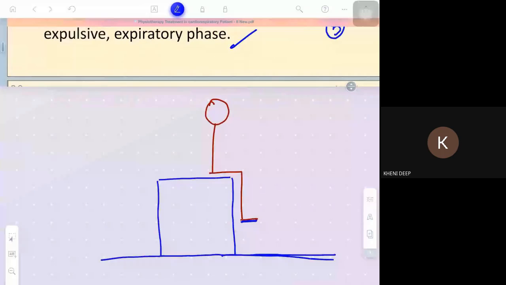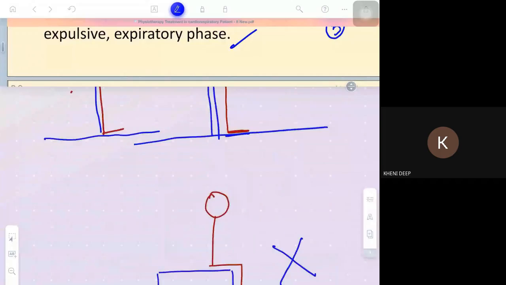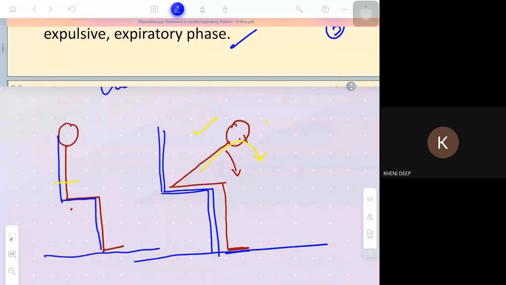So this is also the wrong position for proper coughing. Now you see here the foot is placed flat, planted on the floor, so that he can give his effort from the lower limb also.